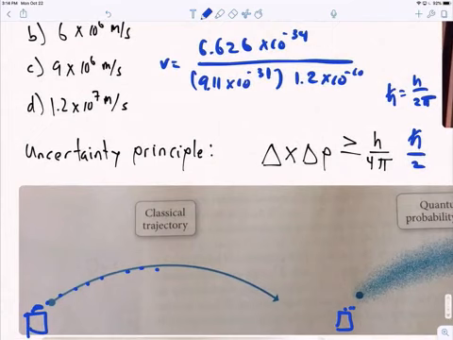It works for more than just position and momentum. It also works for delta E, delta t, so change in energy and change in time. And we see this with ultra-fast laser pulses, so we get laser pulses down to attoseconds, really, really fast. And the energy spread of the laser pulse is very broad. So the photons coming from that laser pulse can be anywhere from infrared to ultraviolet. It's not a set wavelength there.